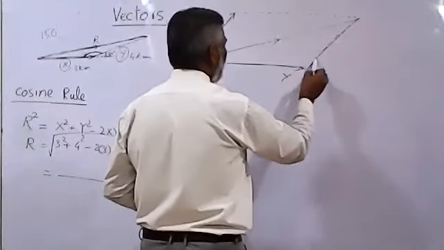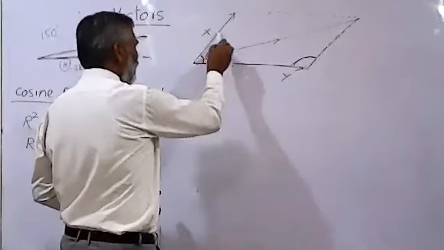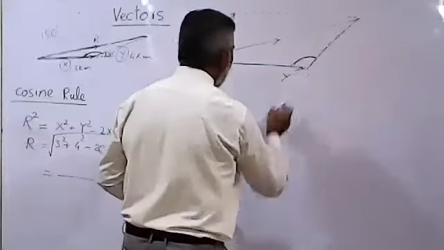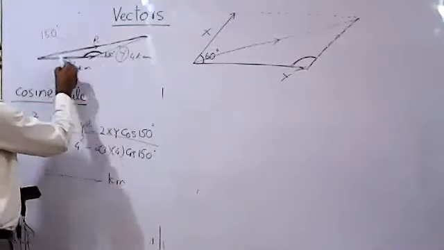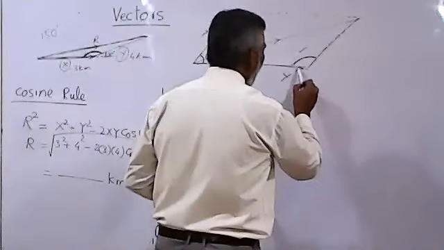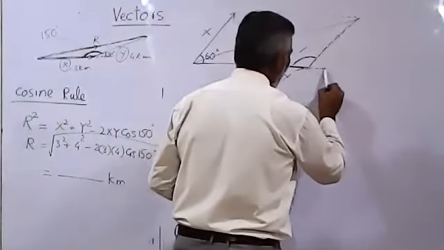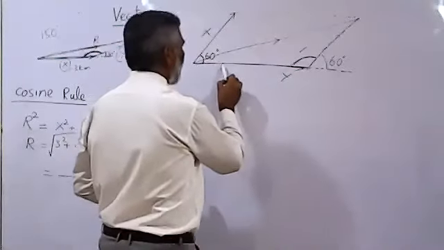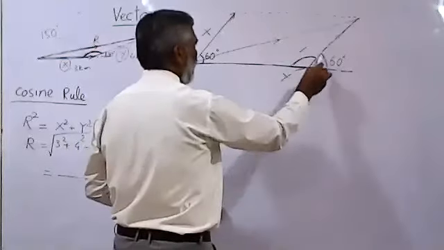Now this is the angle that you need to consider for the cosine rule, because 60° is between these two vectors and this angle is opposite to the resultant. So like I considered the angle opposite to the resultant earlier, I will consider this angle now. How can we work out this angle? It's easy, because this angle is the same as this one, since this line continues and this line is parallel to this, so this angle must be 60°.